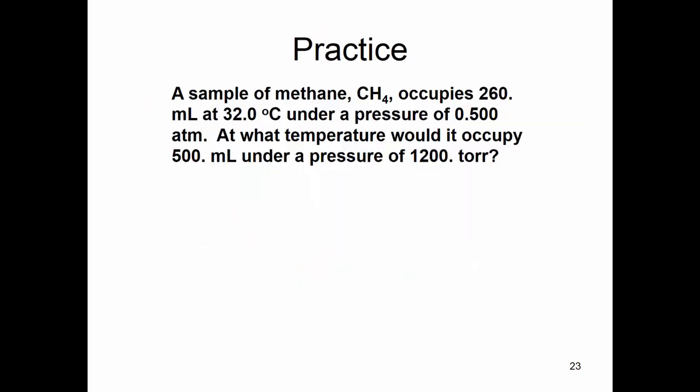We're going to do two problems using the combined gas law. I've got the answer already up here, but I want us to dissect the problem first. We have 260 milliliters, so this is V1. There's T1, and we know we're going to have to add 273 because all of our gas law equations have to be in Kelvin.